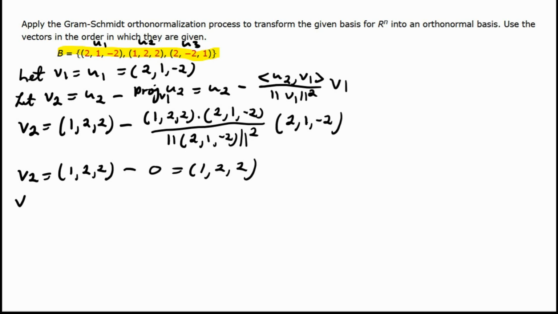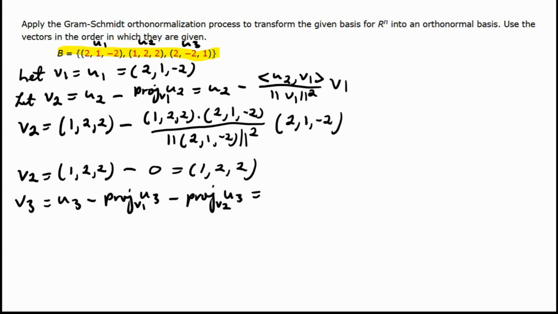So v sub 3 is equal to u sub 3 minus the projection of u sub 3 on v sub 1, minus the projection of u sub 3 onto v sub 2.